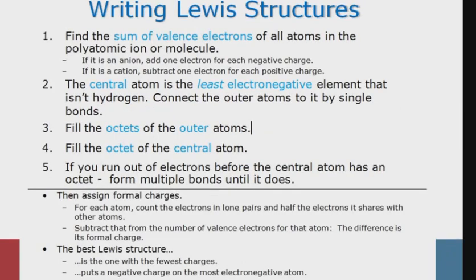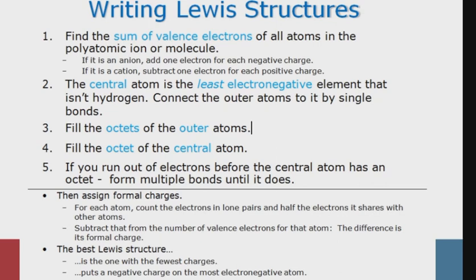Writing Lewis structures. 1. Find the sum of valence electrons of all atoms in the polyatomic ion or molecule. If it is an anion, add 1 electron for each negative charge. If it is a cation, subtract 1 electron for each positive charge. 2.